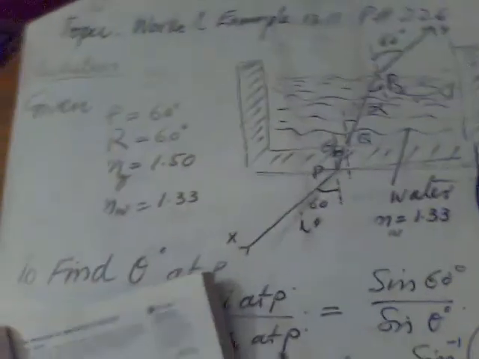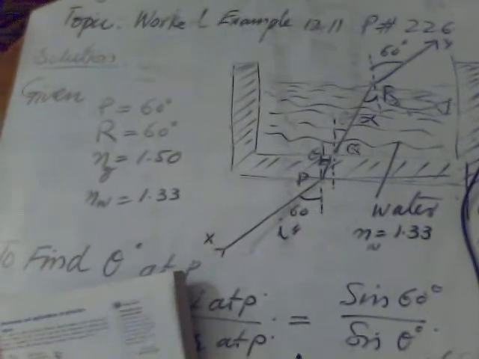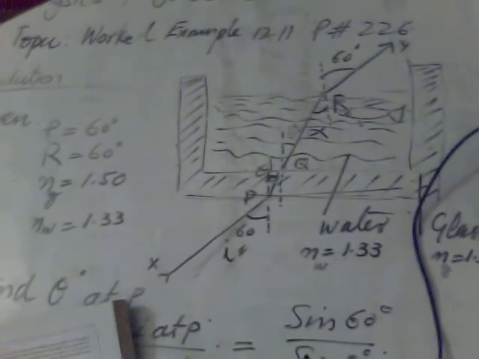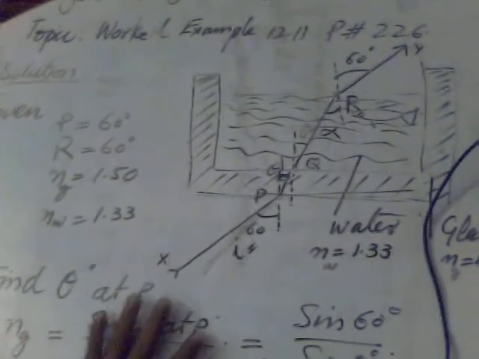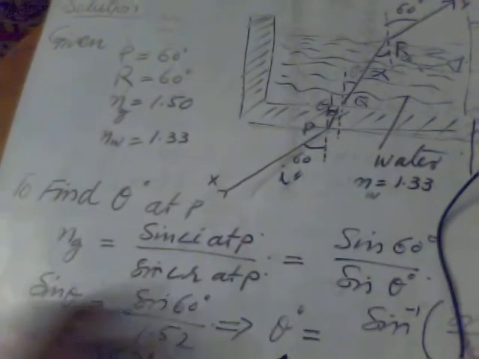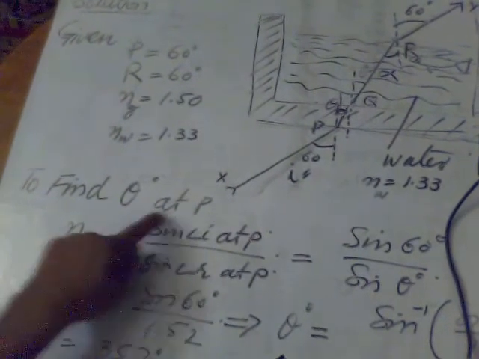It is given in the book and written on page 226. So again, we have to find two things, starting with angle theta at point P.